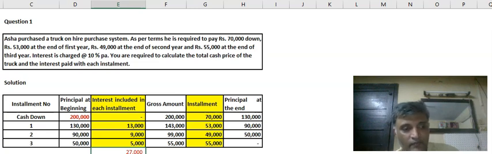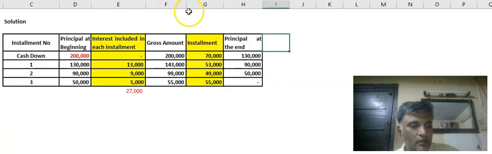Very important is that the rate of interest is 10% per annum, so you can't use 10 by 110 if it is a half yearly installment. You have to use 5 by 105 for every 6 months. That is the most important part. You might get a question where the facts remain the same but the installment is half yearly, in which case you cannot use 10 by 110, you have to use 5 by 105. So hope this is clear to you.